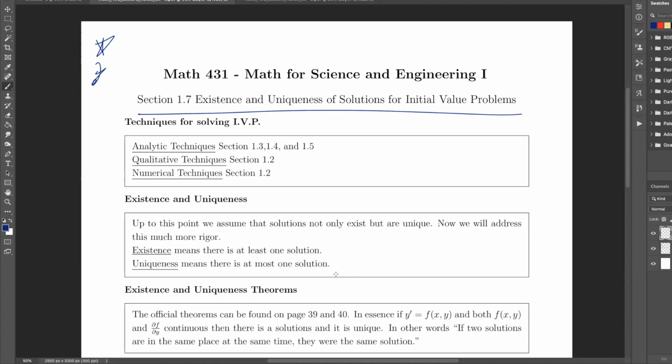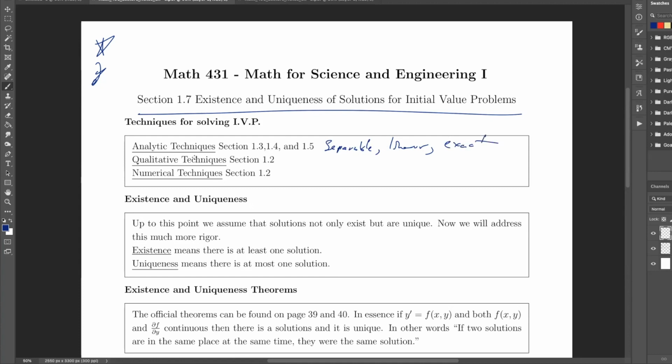Let's just review what we've learned for solving IVPs. For initial value problems, we did analytical techniques in 1.3, 1.4, and 1.5. These were separable equations, linear, and exact.